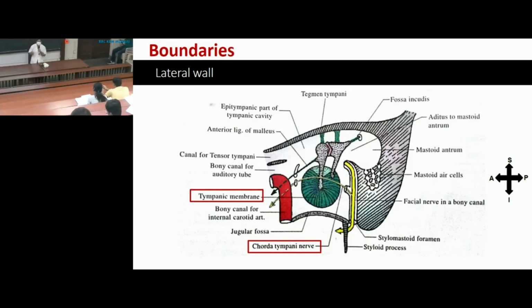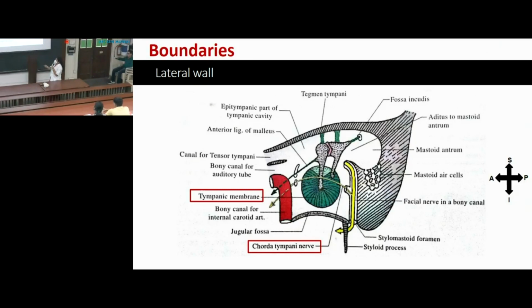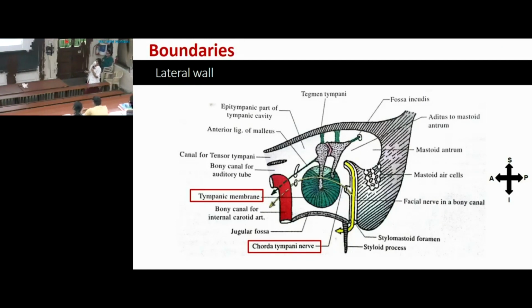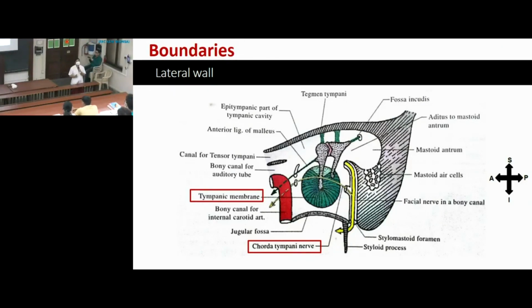Okay. So extending from the handle of malleus, you can see anteriorly there is the anterior malleolar fold. Similarly, there is the posterior malleolar fold. At the junction of pars flaccida and pars tensa, these two malleolar folds exist. So this is about the lateral wall of the middle ear cavity.